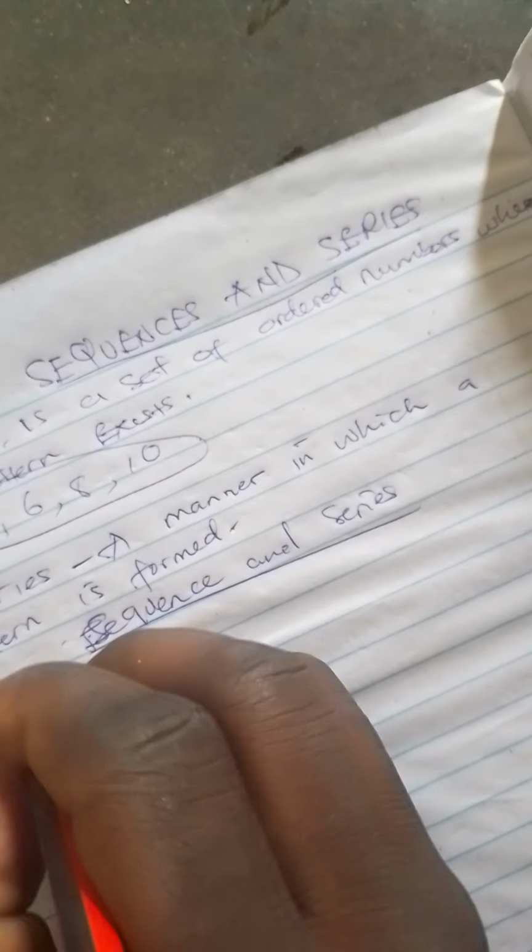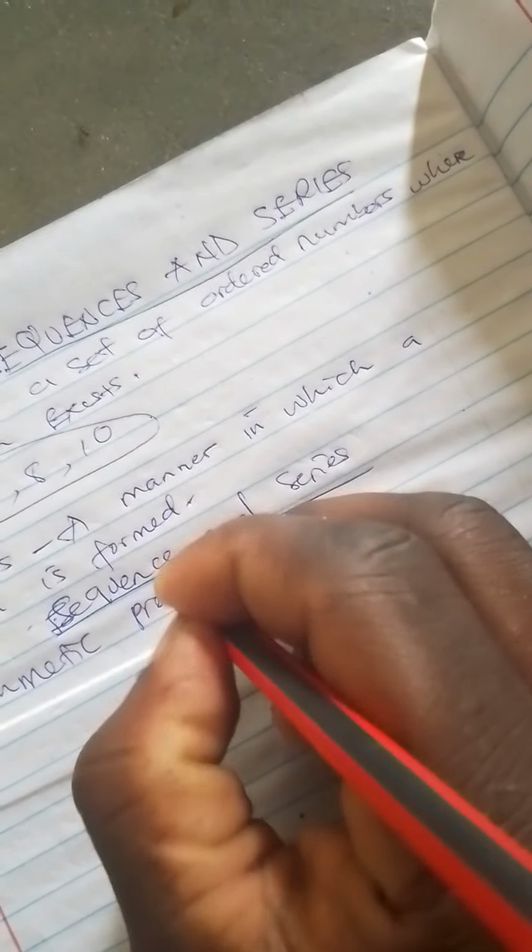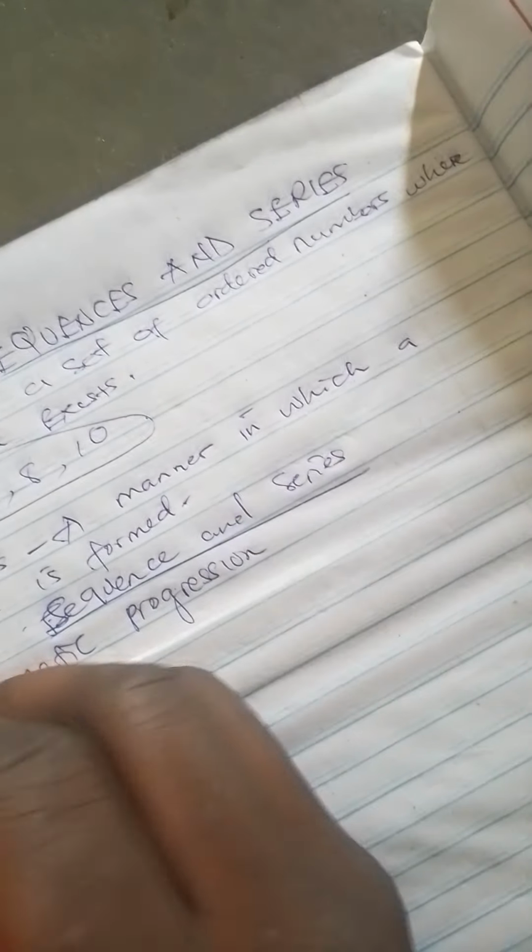One is what we call arithmetic progression, and two is what we call geometric progression. In this video I'm going to teach on arithmetic progression.